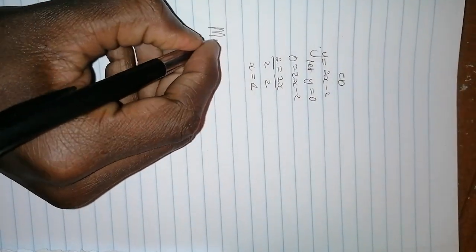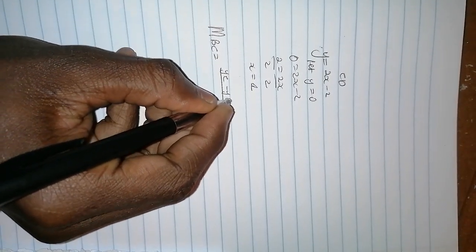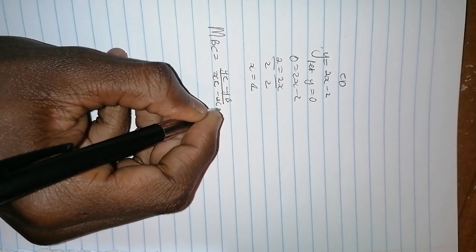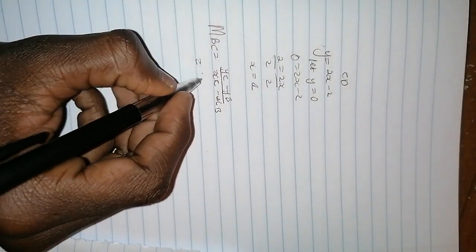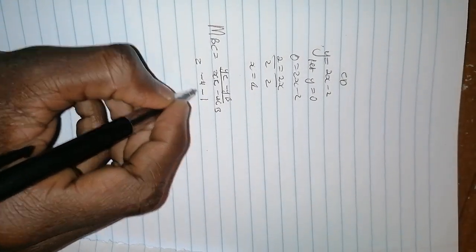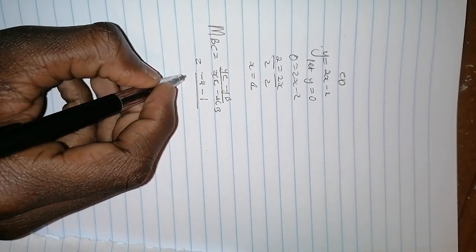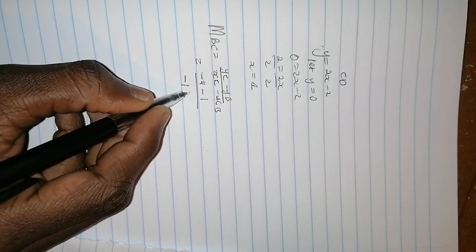So the gradient for BC is (yC minus yB) over (xC minus xB). yC is minus 4 and yB is minus 1, over xC is minus 1 and xB is minus 4.